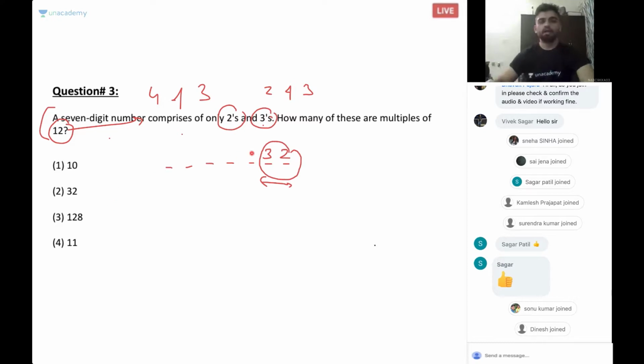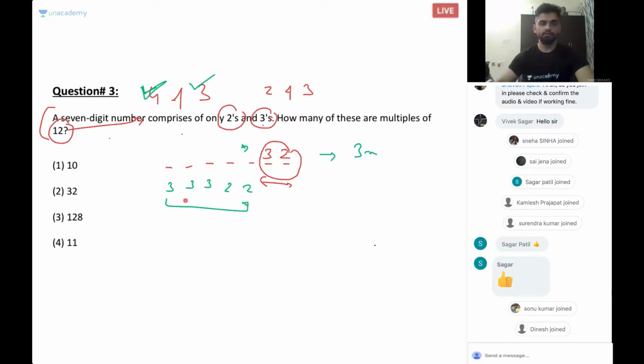Okay. Now, the multiple of 4 we have taken care of. For a number to be a multiple of 3, the sum of the digits has to be a multiple of 3. Right? Now I have 3 here, I have 2 here. One case would be that I have 2 more 2s, that is in total 3 2s, then 4 3s.